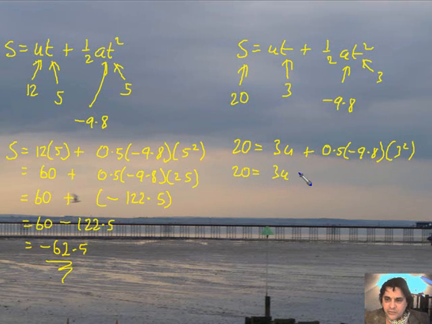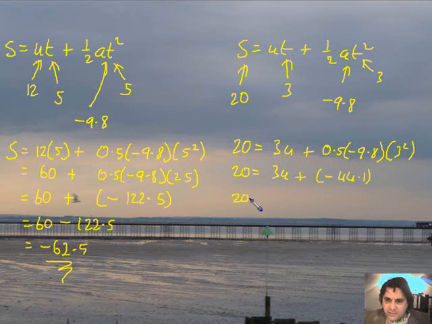Let's tidy up a little bit. 20 equals 3u plus, it's going to be a negative value because of that, but anyway. So 3 squared is 9, you know, don't you? So it's 0.5 times negative 9.8 times 9 gives us minus 44.1.